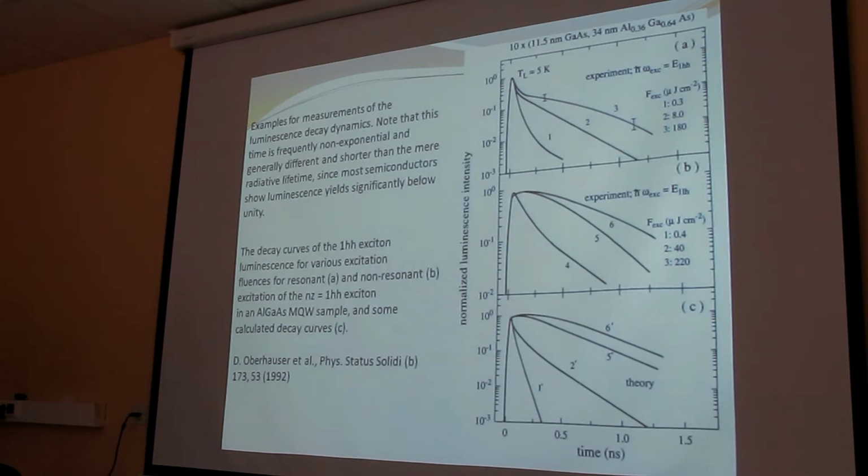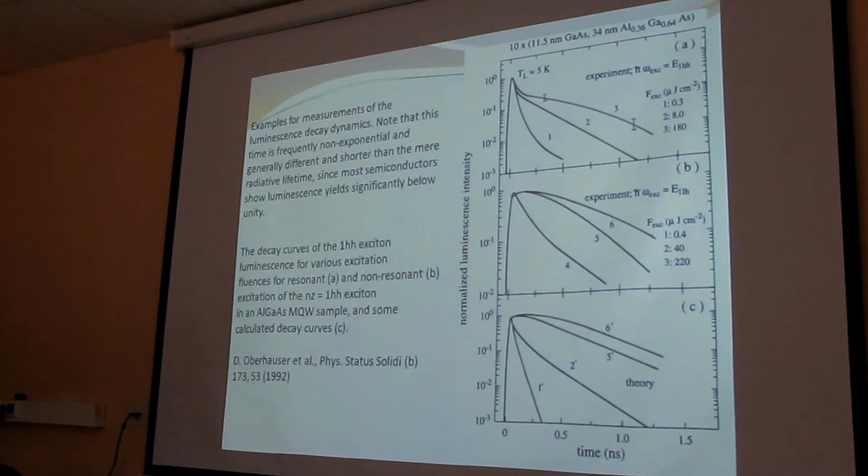And these are two different experiments. In one, we excite resonantly in the heavy hole exciton, and at weak excitation we see a relatively fast decay of the luminescence. This is simply because the excitons are trapped into some defects. If we pump harder, then at the beginning there is also this rapid decay, but once the defects are saturated, then maybe we see something like an exponential luminescence decay.